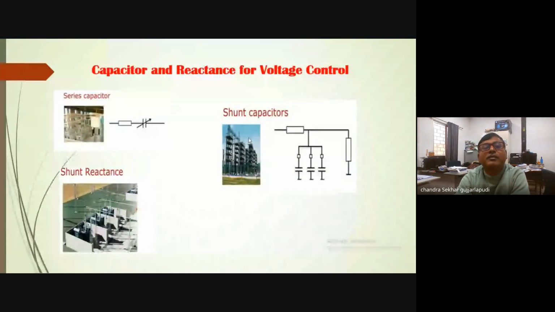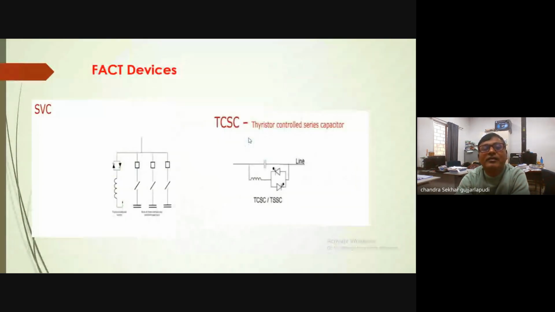Similarly, we can utilize capacitors for injecting reactive power, leading var, into the system, like series capacitor and shunt capacitor. And similarly, these are some FACTS devices which can be utilized for mitigating voltage stability issues.